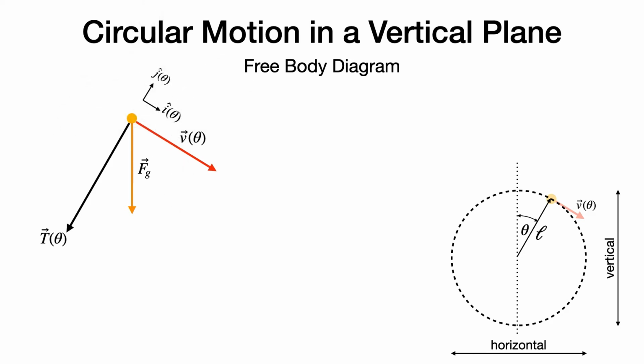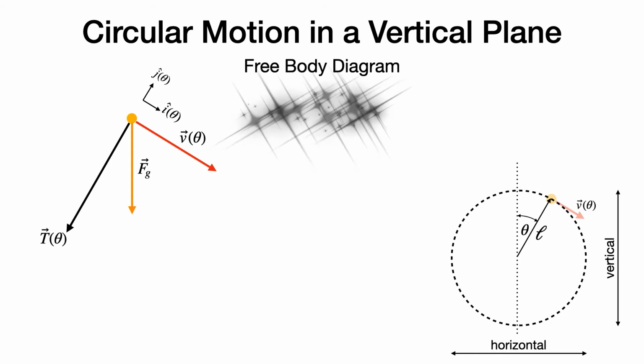So we will choose our i hat, j hat vectors in the following way. Notice that we have them given as functions of theta, because depending on the angle of the mass in its circular motion, these directions will point in different directions. j will always be in the radial direction and i perpendicular to that.